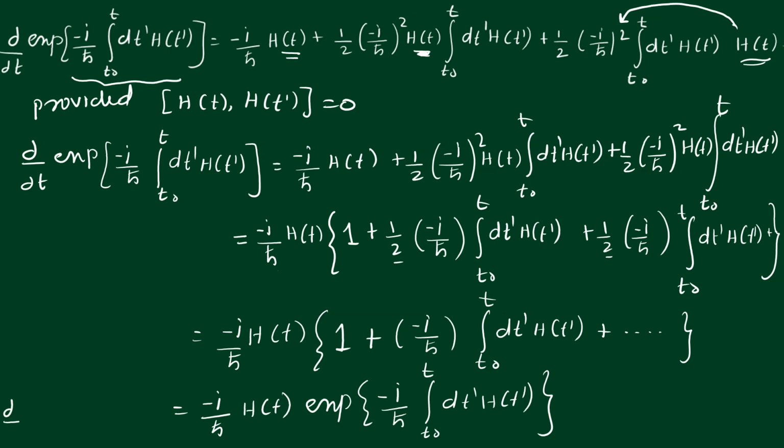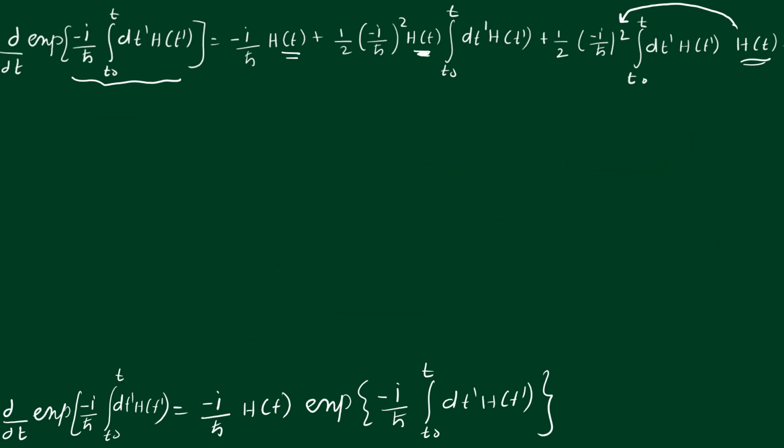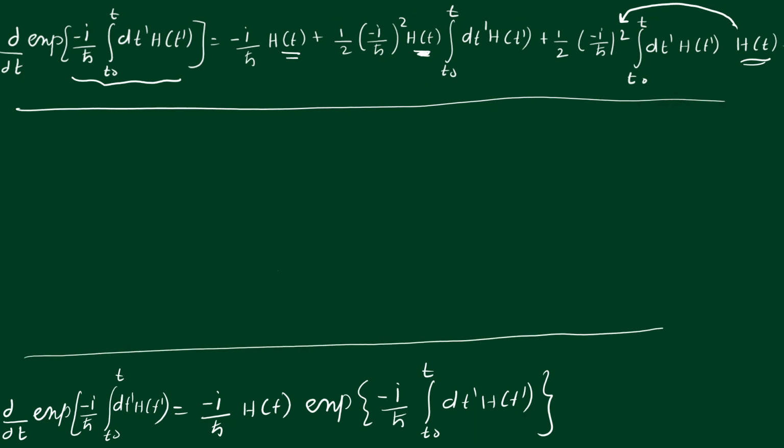This is the partial time derivative of exponential minus i/ħ integral t0 to t dt' H(t'). Now, I have made some space here. This is where we are at. We found that the partial time derivative of exponential minus i/ħ integral t0 to t dt' H(t') is this.